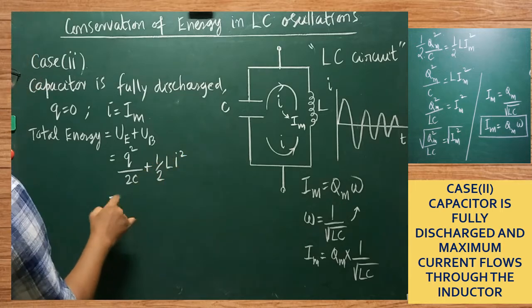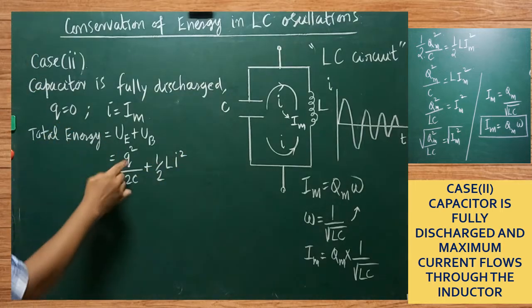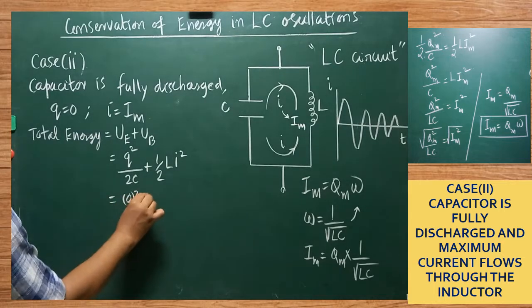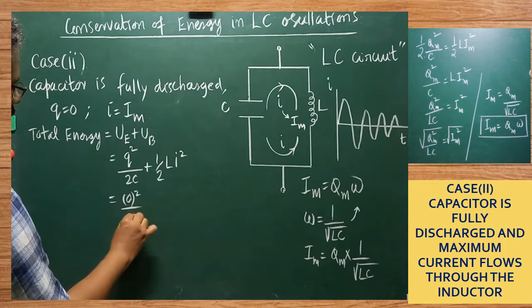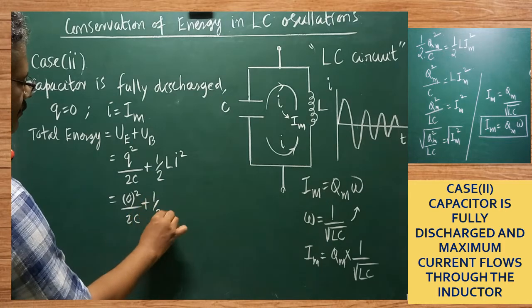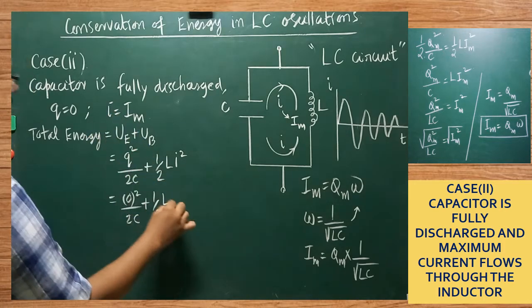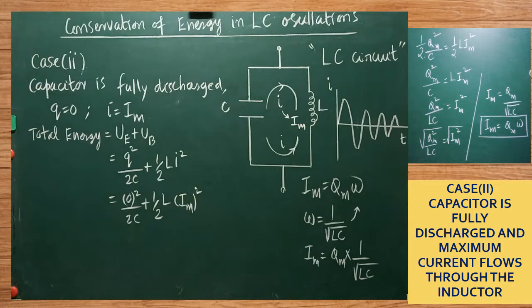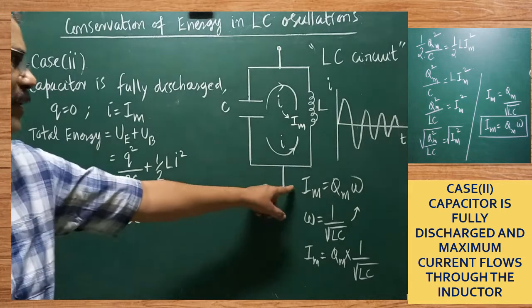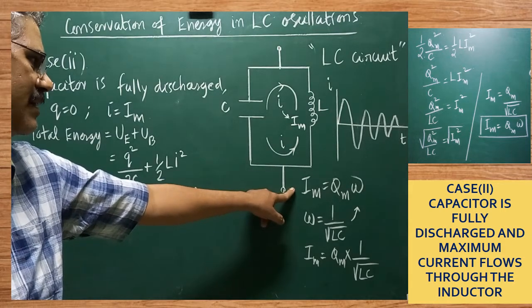Here I have already told that Q is 0. Therefore, we can write Q square as 0 square over 2C plus half L, and instead of I, we can write Im square.